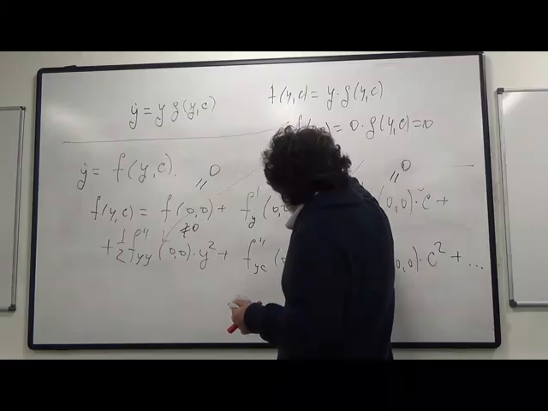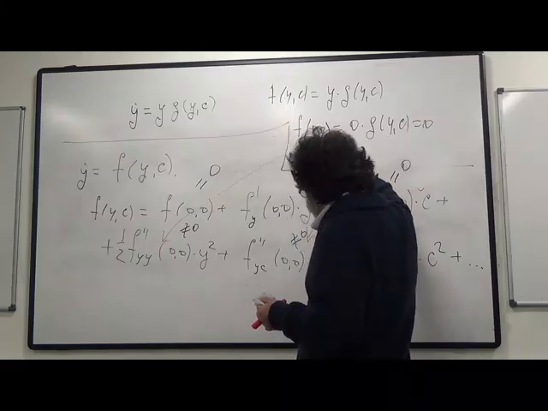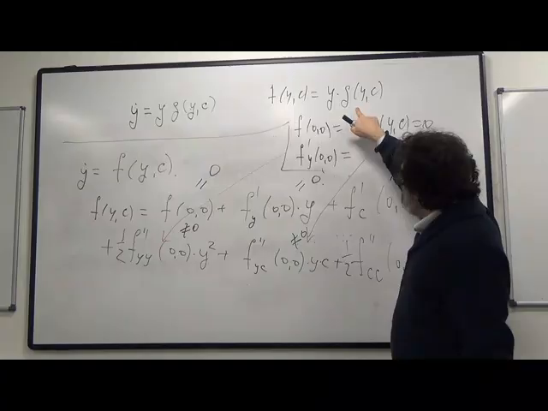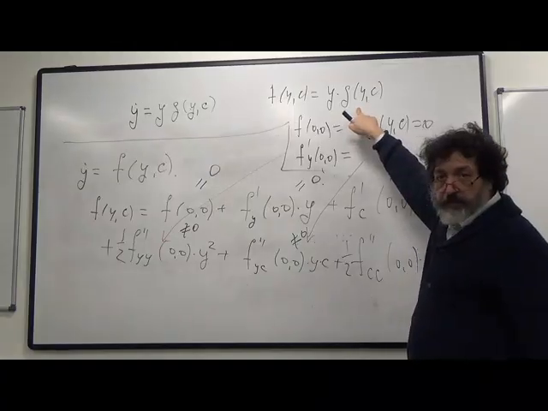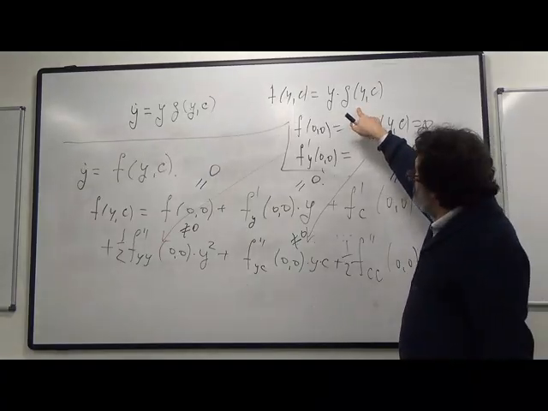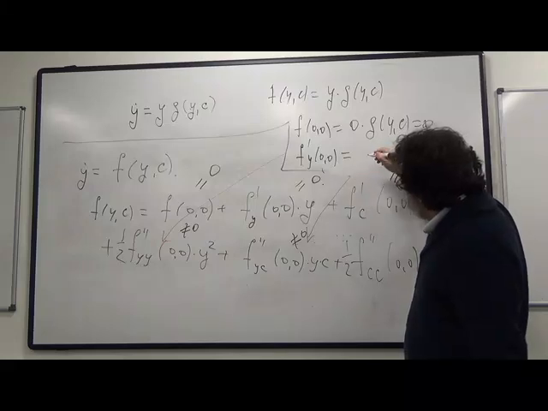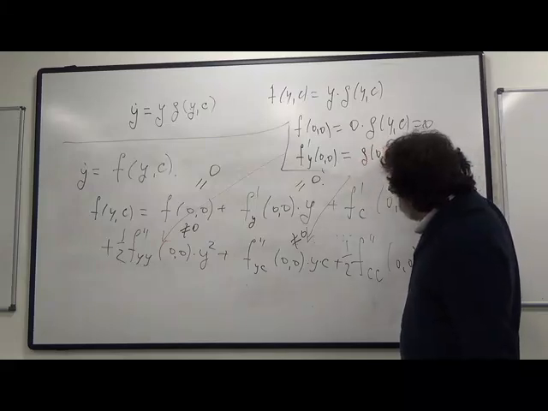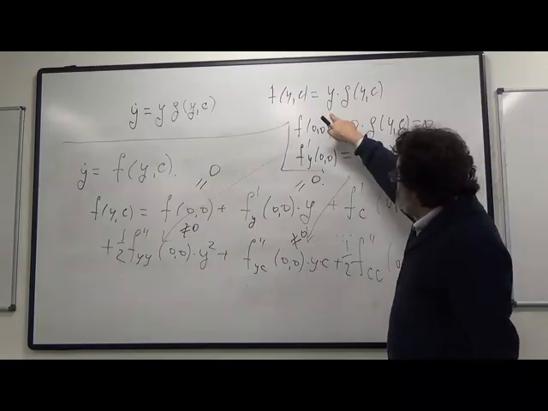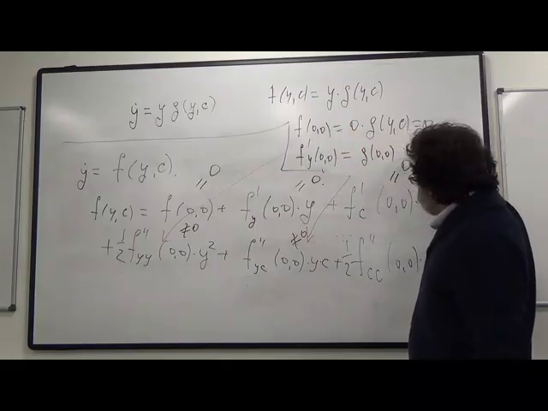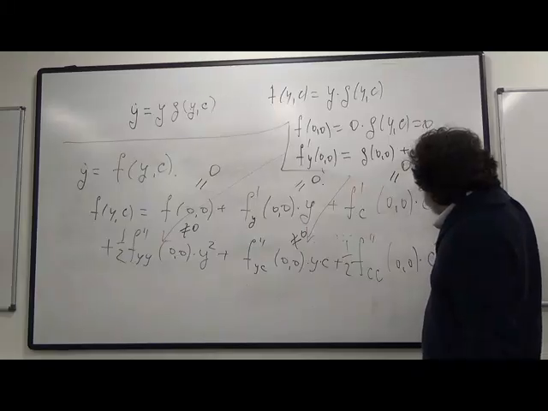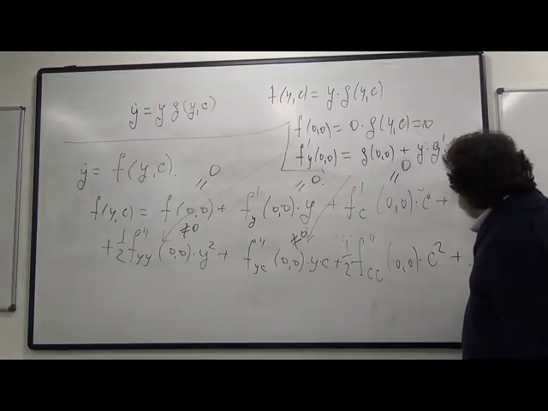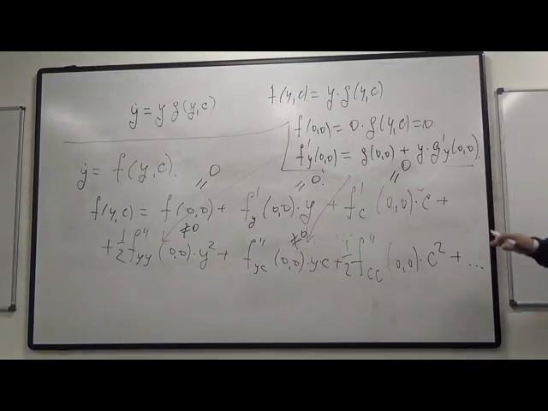Correct? The next condition is this. The derivative of f over y at 0, 0 will be equal to the derivative of this over y. We use the product rule: it will be g at 0, 0 times the derivative of y, which is 1, plus y times the derivative of g over y at 0, 0. And we know that this should be equal to 0.